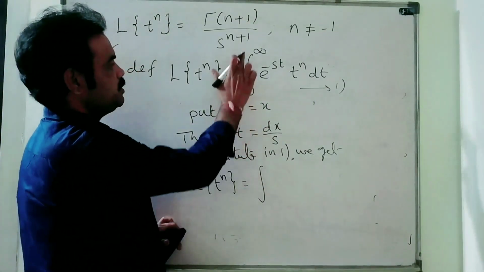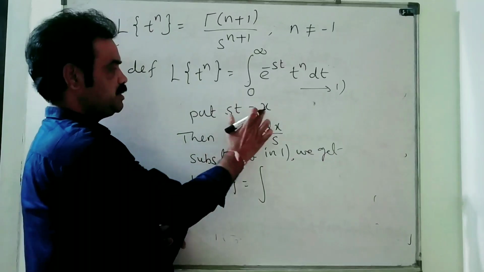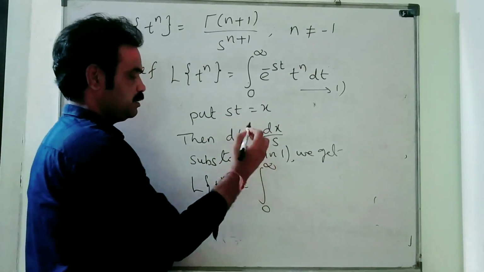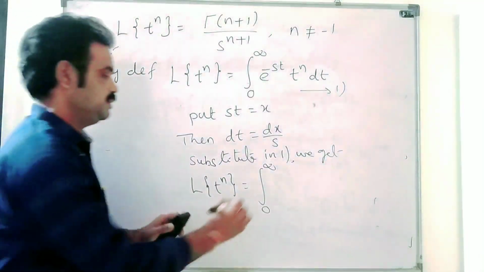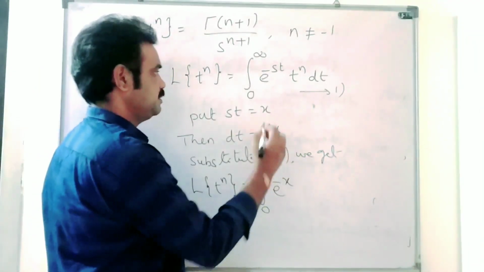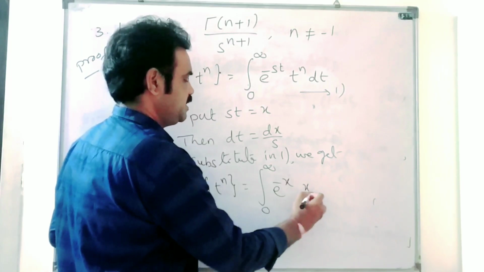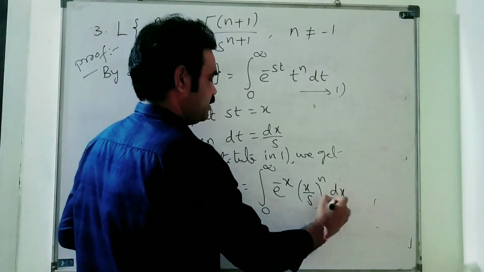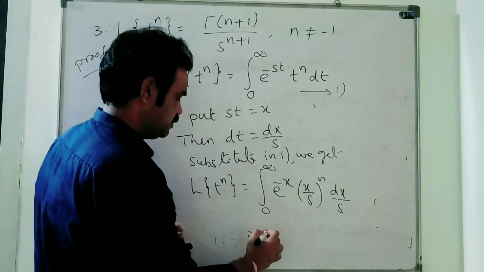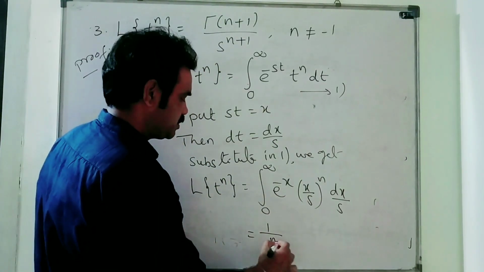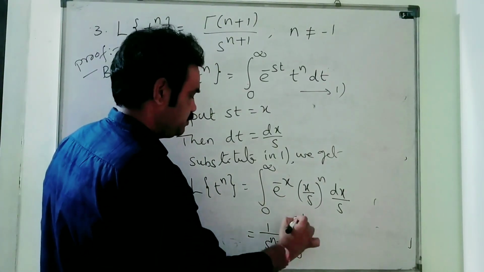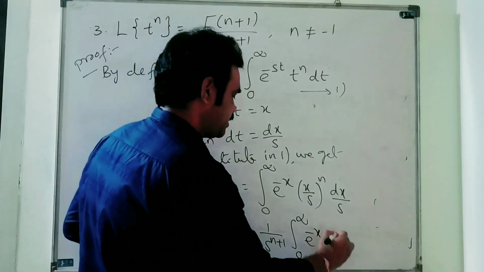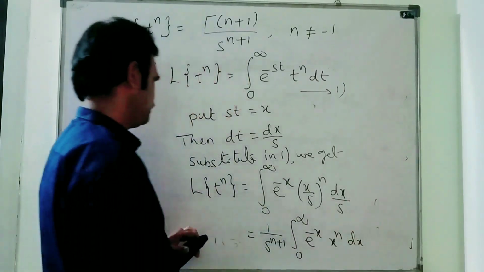here the t limits are 0 to infinity. When t is 0, x is 0. When t is infinity, x is infinity. The x limits are also 0 to infinity, e power minus x. Here t is x by s whole power n and dt is dx by s. That is equal to 1 by s power n plus 1 integral 0 to infinity e power minus x, x power n dx.